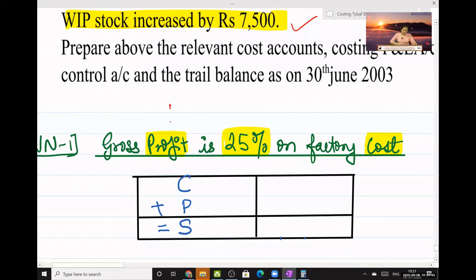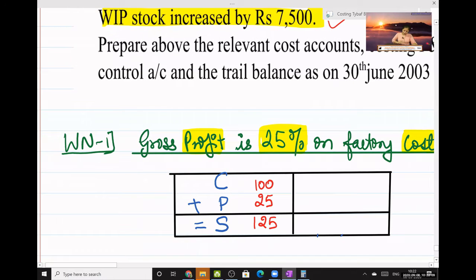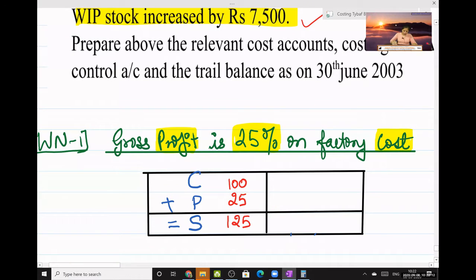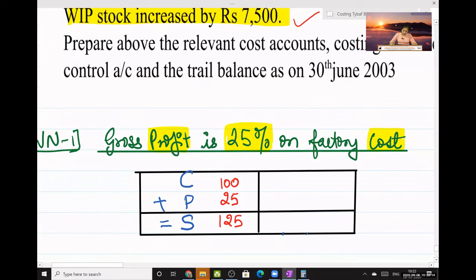I repeat, see this. Profit 25% on cost. So we are using this formula, C plus P equal to S. So profit is 25, cost is the base, so 100. So this is 125. Cross multiply. Sales is given, obviously given.